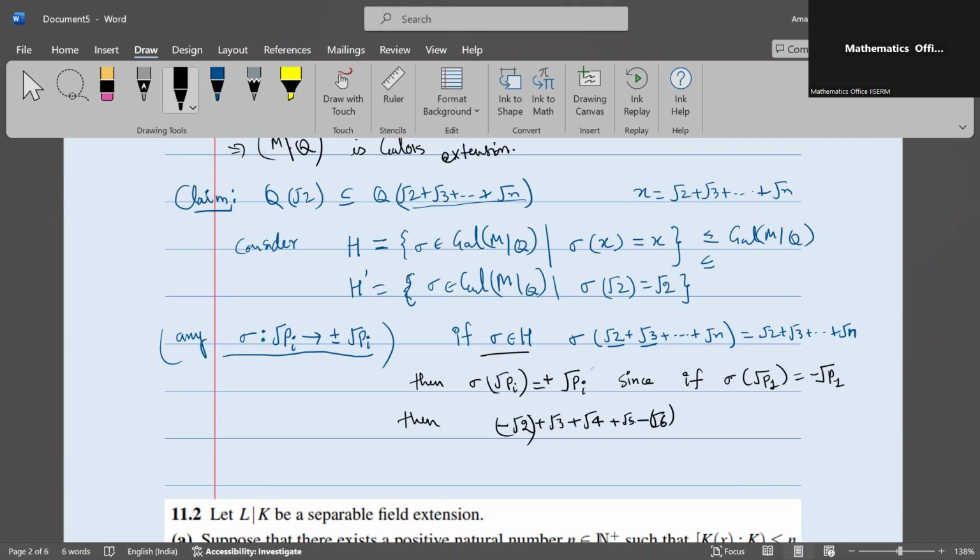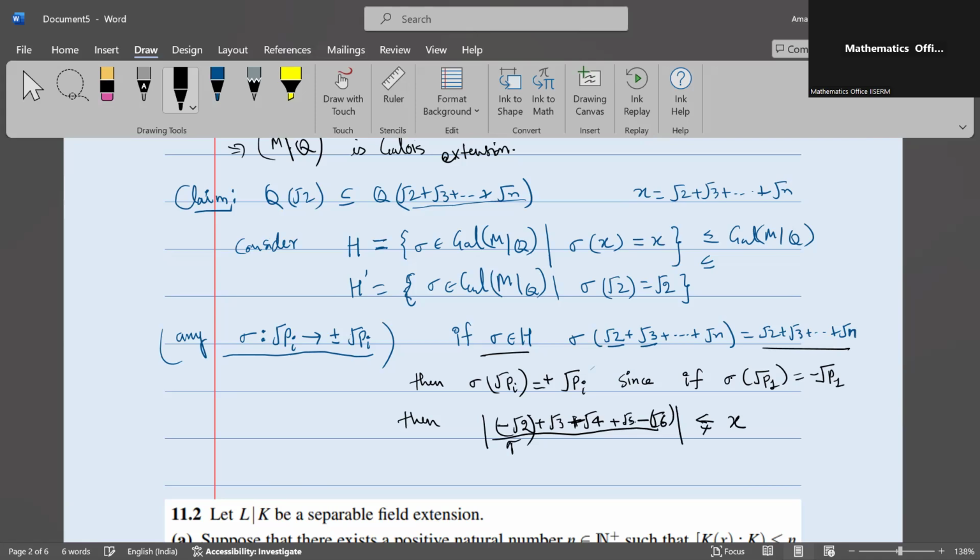Good. Now why is root 4 positive? Because root p1 is a factor twice in root 4. So after all, this is less than or equal to this value, right? If you take the modulus of this, taking positive numbers, this is strictly less than if somewhere a minus appears.